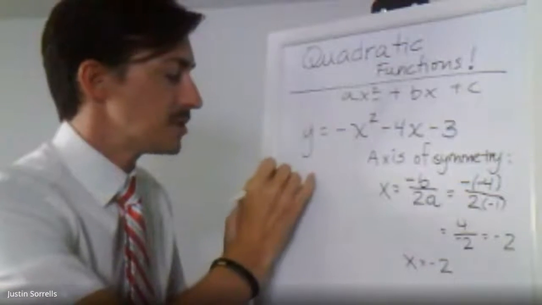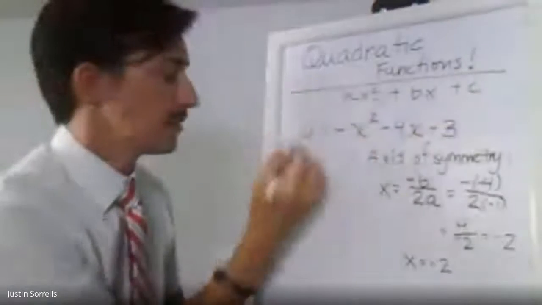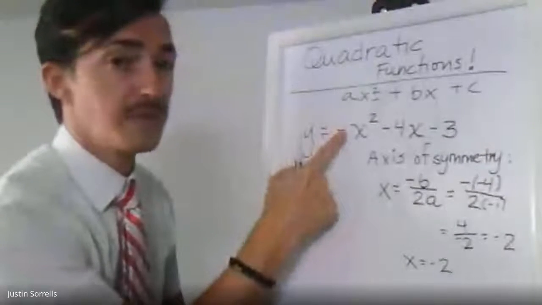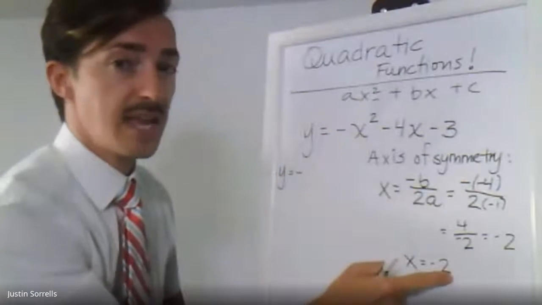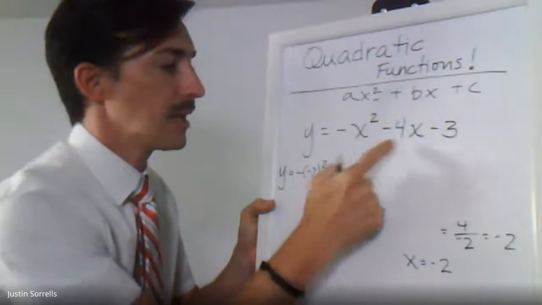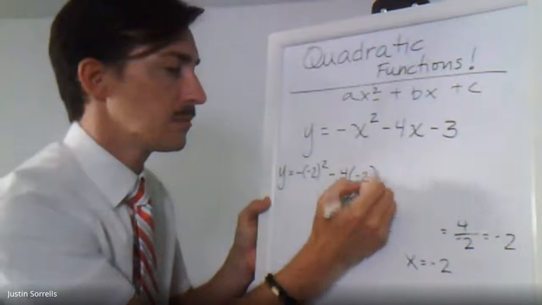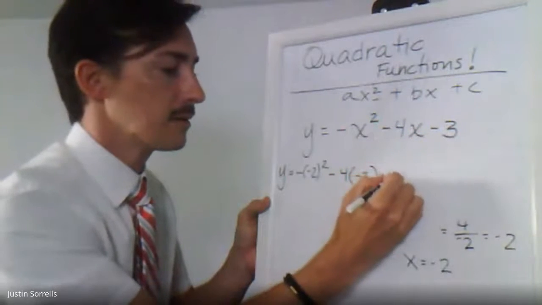So when I substitute that value of x into my function, a negative, that comes first. My x is negative 2. Negative 2 squared, minus 4 times x, and x is negative 2, and then minus 3.